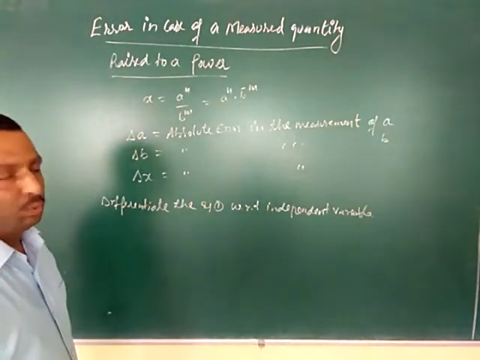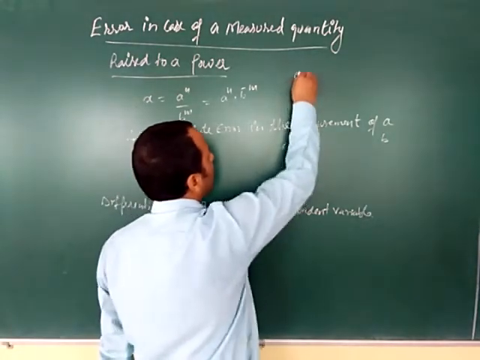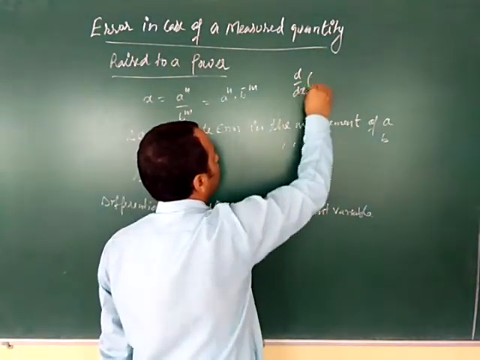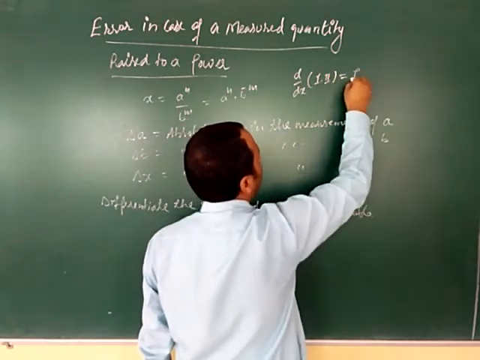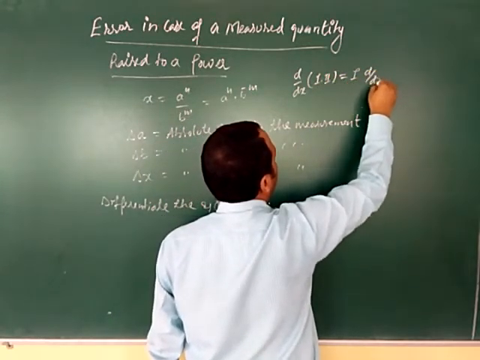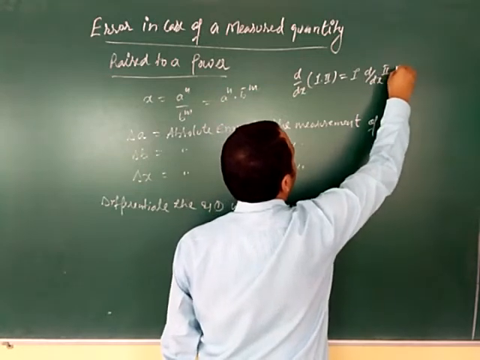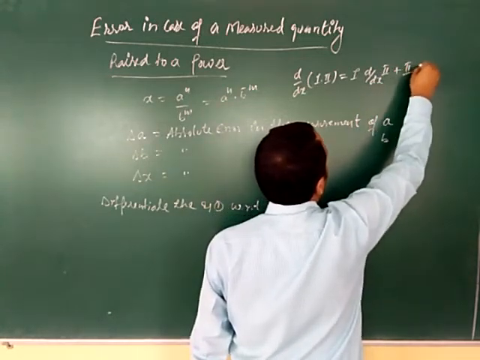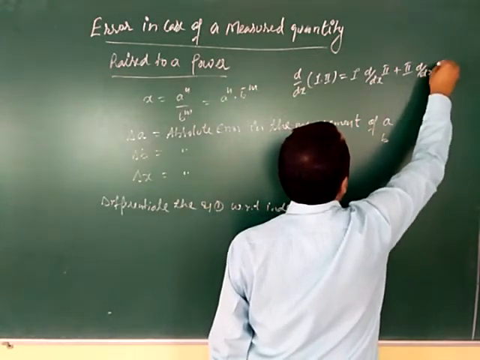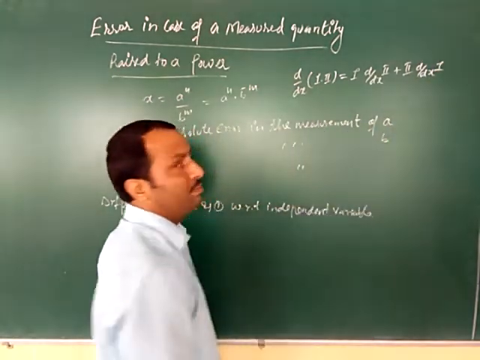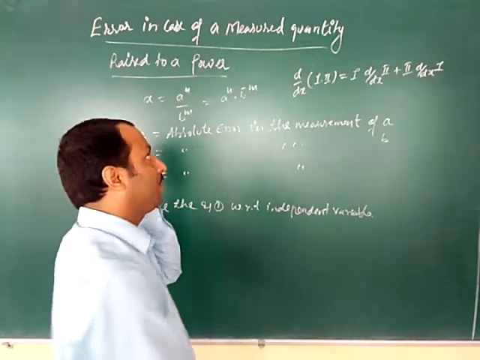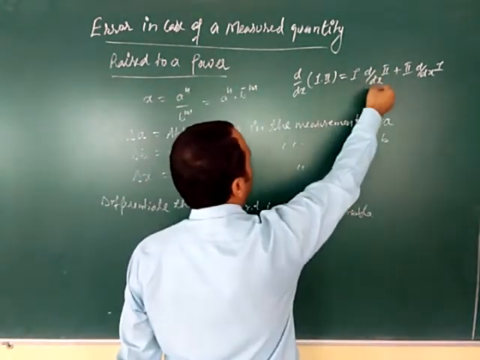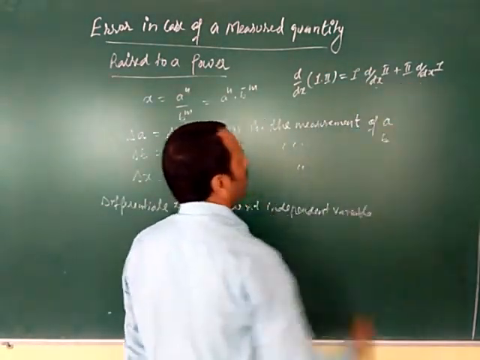The product rule means d by dx of first into second: first into differentiation of second plus second into differentiation of first. This formula, remember that we have studied in the differentiation lecture.